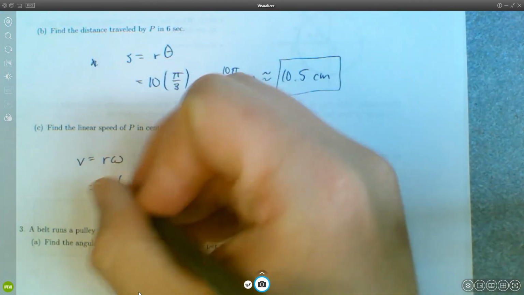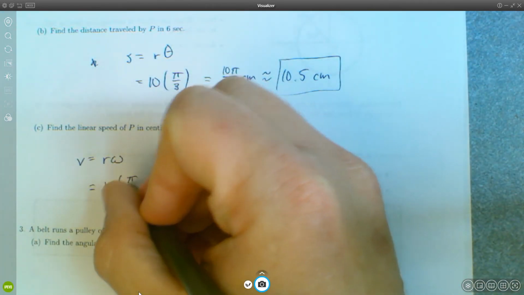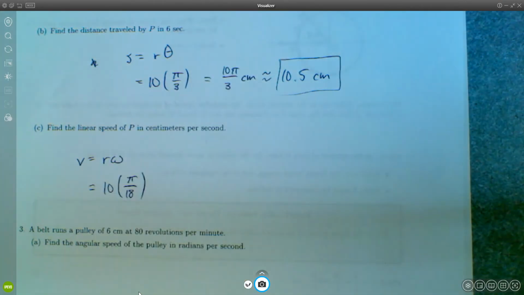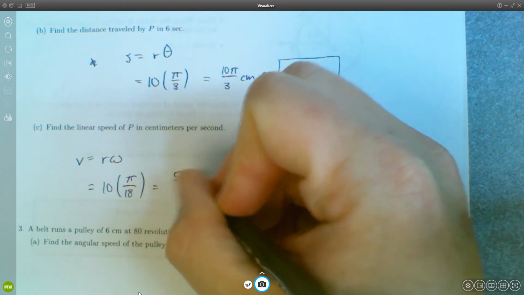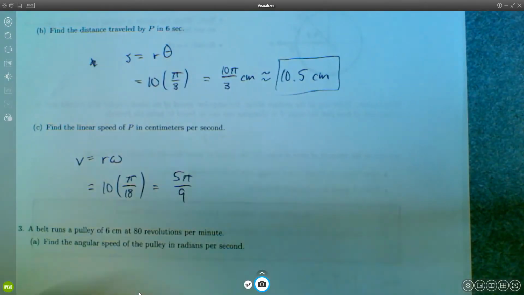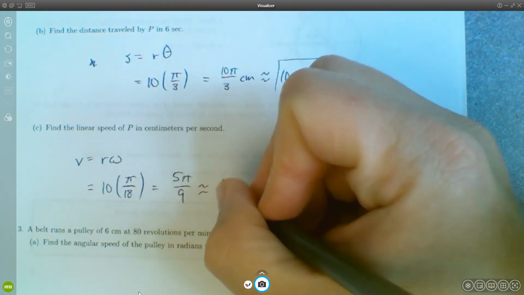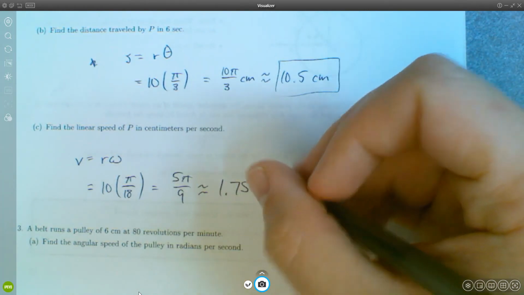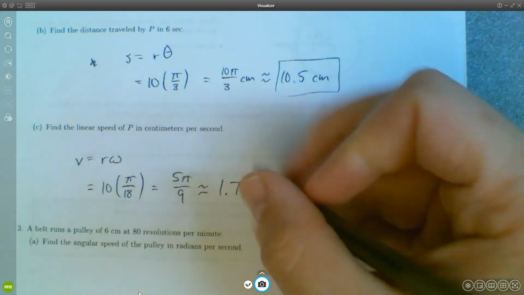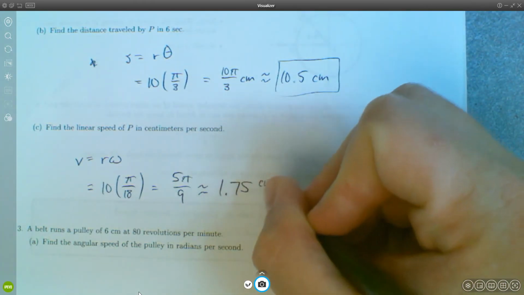So it's 10 times pi over 18. Which of course is 5 pi over 9, but it's approximately 1.75. This was centimeters, so this must be in centimeters per second.